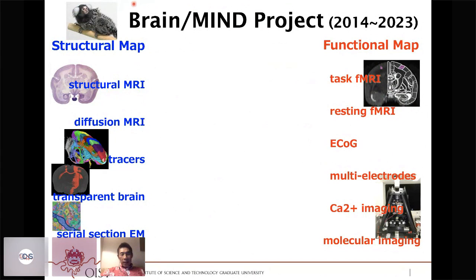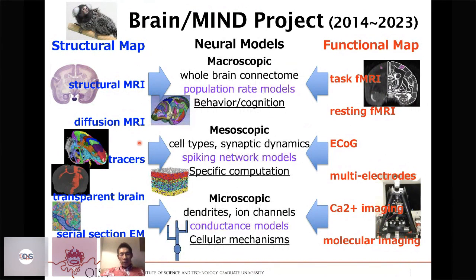But if those data are just stored separately, that is not very interesting. We have to combine these structural and functional data as computational models. The models can be at different levels: a macroscopic model, modeling each population by the average firing rate, or a spiking network model, modeling the spiking of individual neurons, or even subcellular structural models like conductance-based models or signaling cascades.